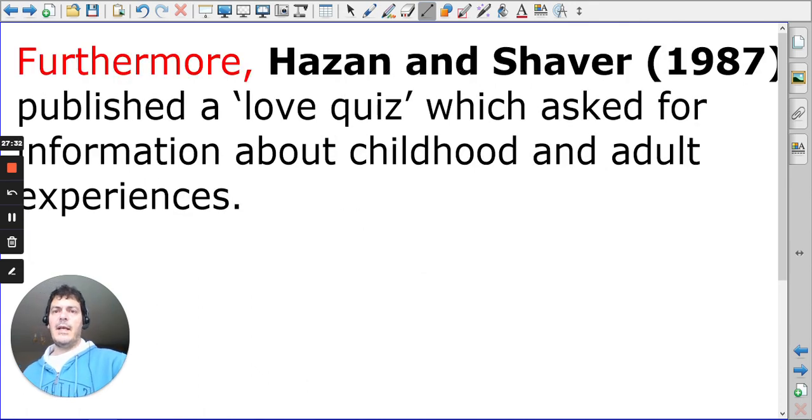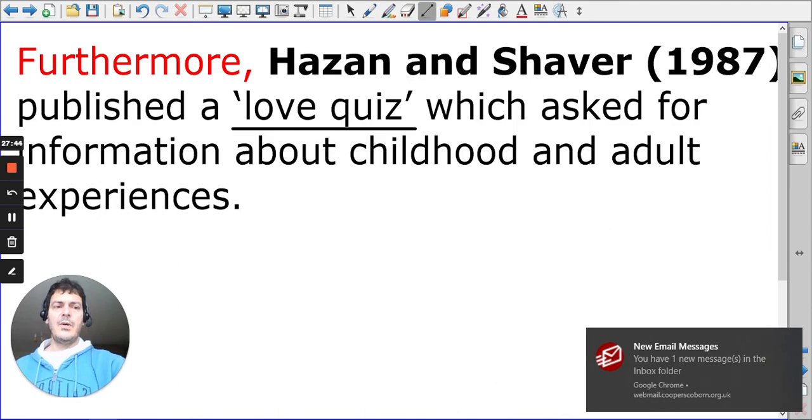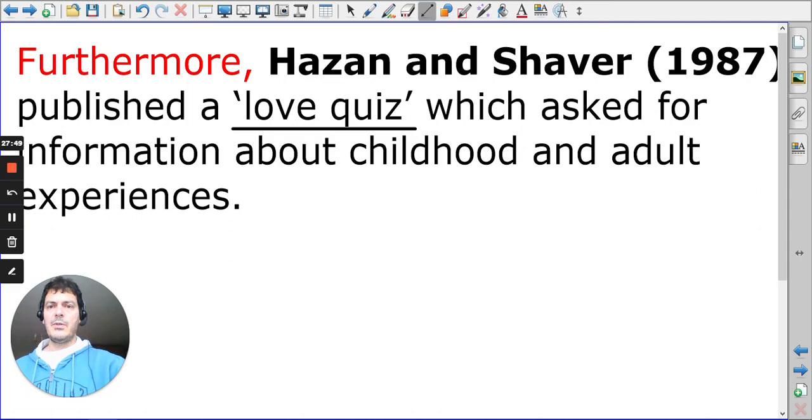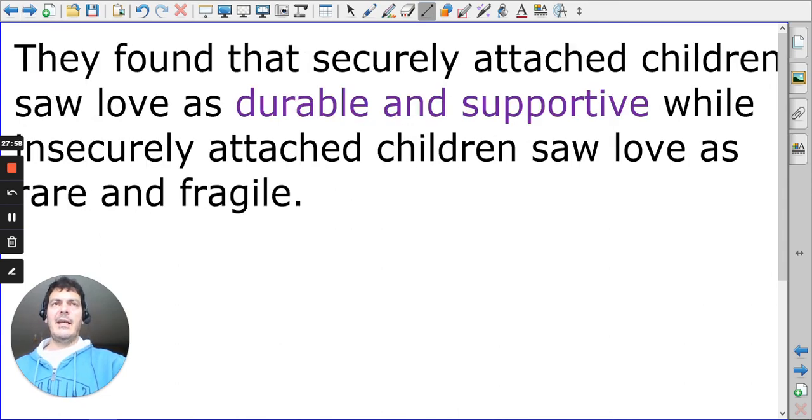We also know that this is supported by some research by Hazan and Shaver, and they did quite a novel study called the Love Quiz, in which they published some work in a magazine where people responded to the quiz that Hazan and Shaver put in this magazine, and they were able to designate that some people are securely attached and other people are insecurely attached.